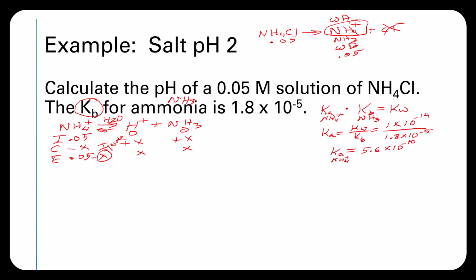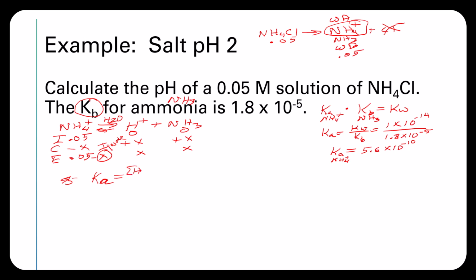Okay, so 10 to the minus 10, this is 5 times 10 to the minus 2, so that's 8 orders of magnitude. We can ignore that x.